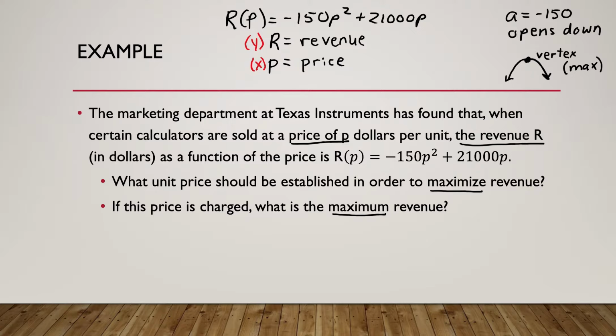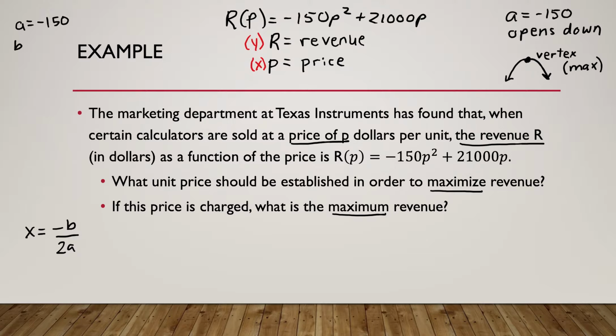Remember that our formula for finding the vertex is x is equal to negative b over 2a. All right, so let's plug in. So we know that the a value in my function, we've already said, was negative 150.